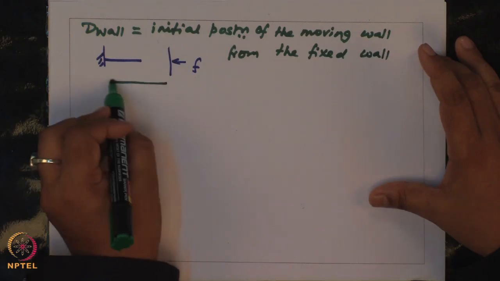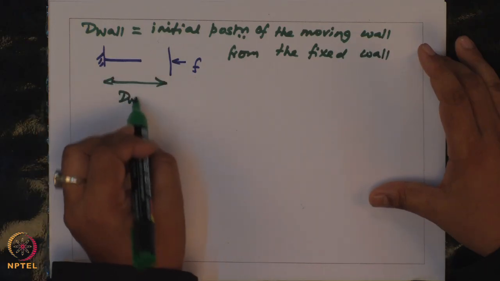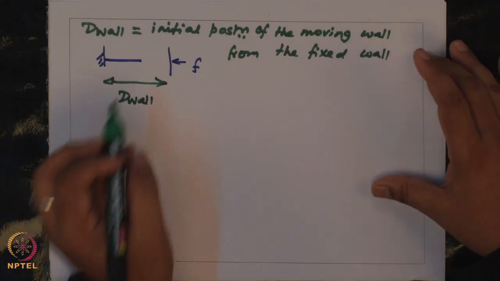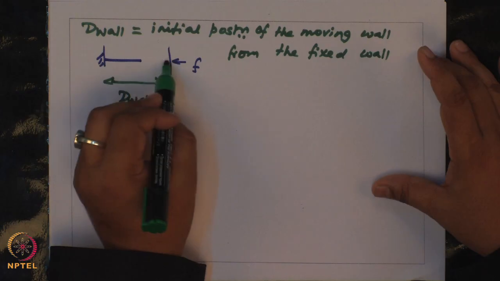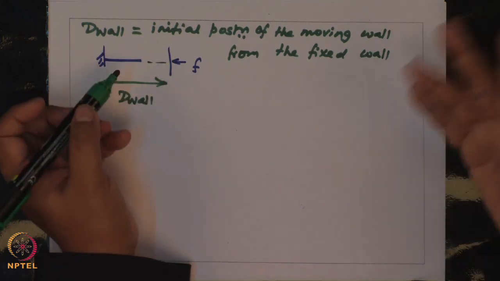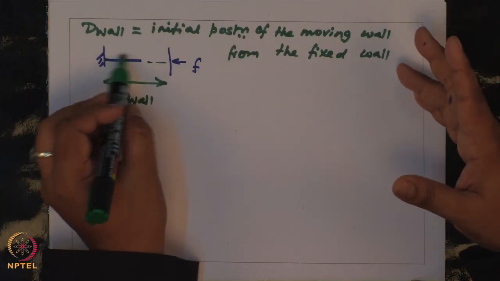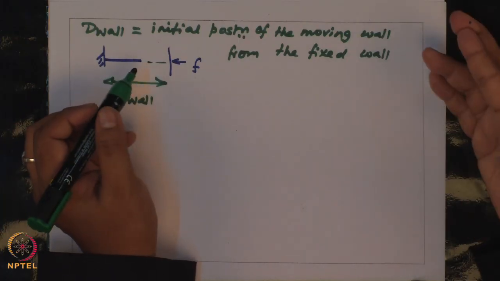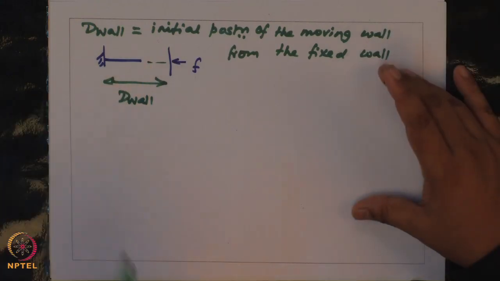So, this distance is d_wall. I think earlier I had represented this distance as d wall. You can choose either way, because the initial length of the filament is 3 monomers, so it does not matter.